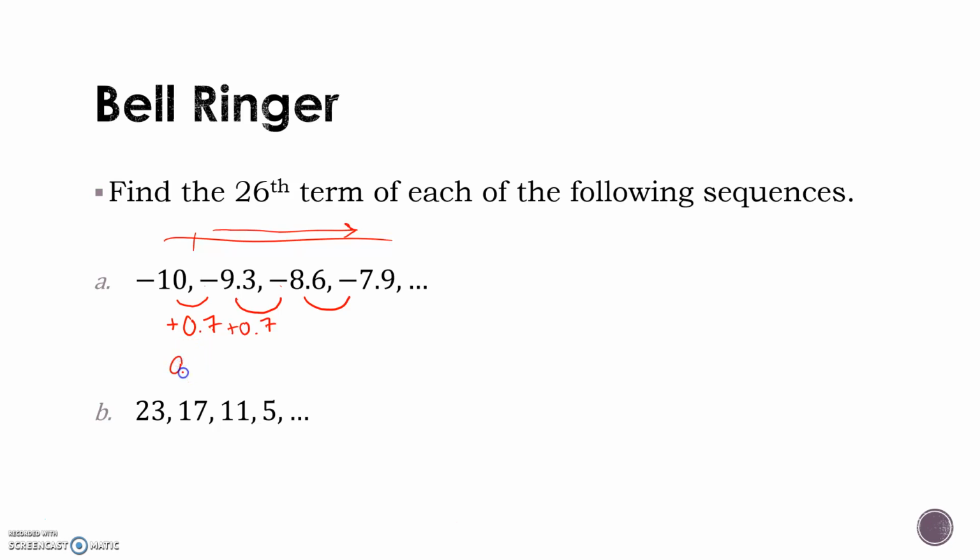And so my first term is going to be negative 10. My D value is going to be 0.7. So I'm going to write A sub n equals, and remember we do A sub 1 plus n minus 1 times D. I'm going to substitute in the values I know: negative 10 plus n minus 1 times 0.7.